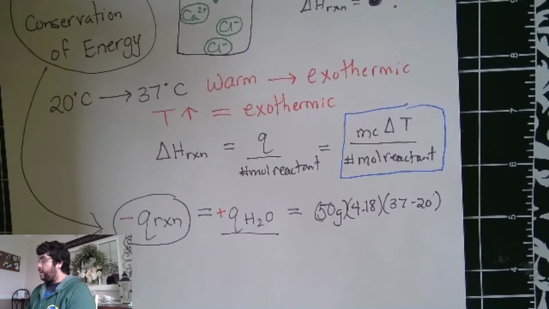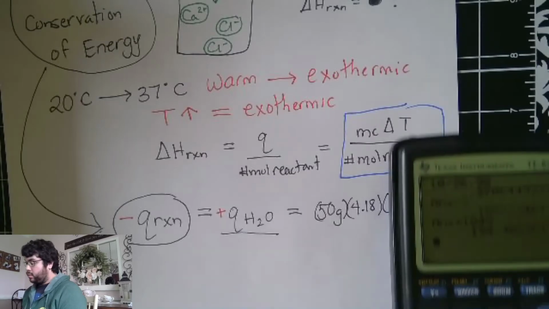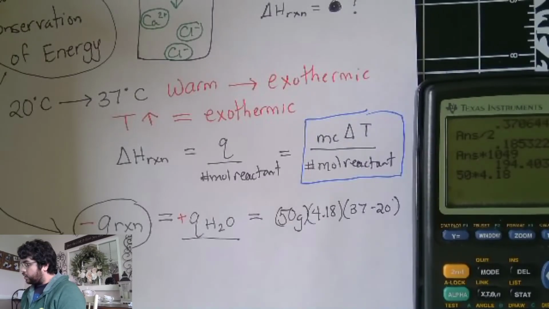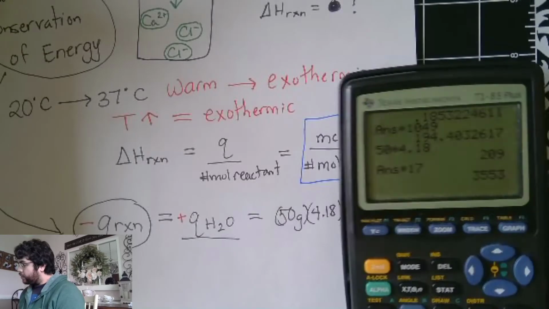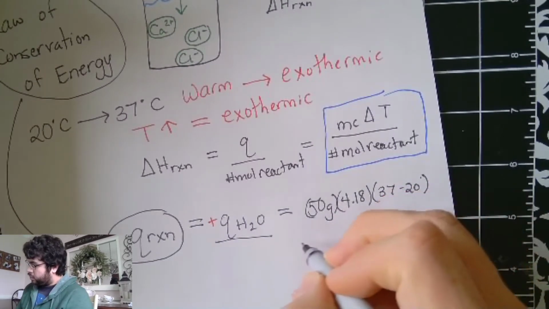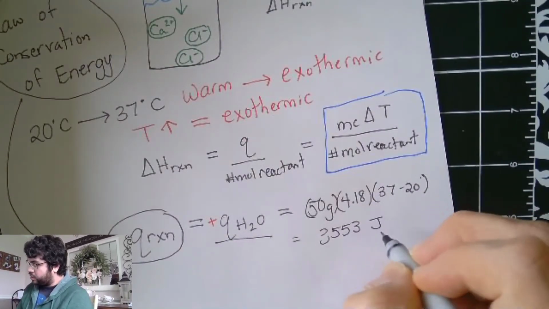Okay, so the amount of heat that the water gained is going to be 50 times 4.18 times 37 minus 20, which is 17. So 3553, and that's just in joules.